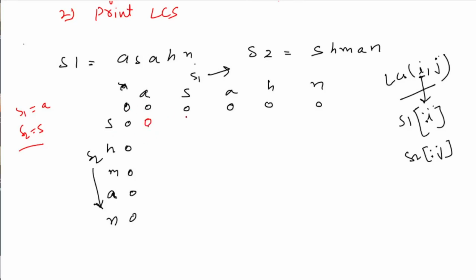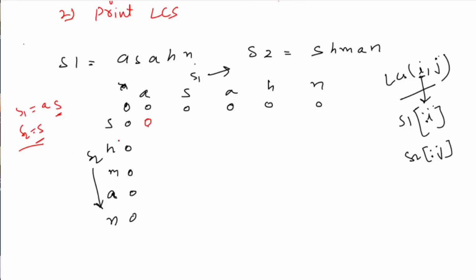Now we have incremented the prefix of s1, so s1 has now become AS. As you can see, S is equal to S. This means that the length of our longest common subsequence will increase by 1.